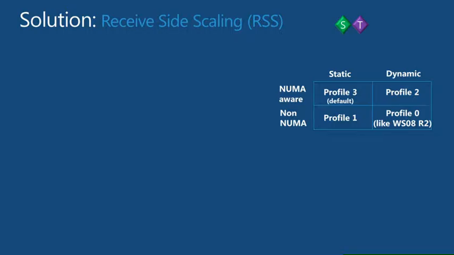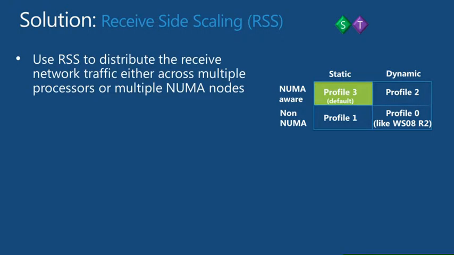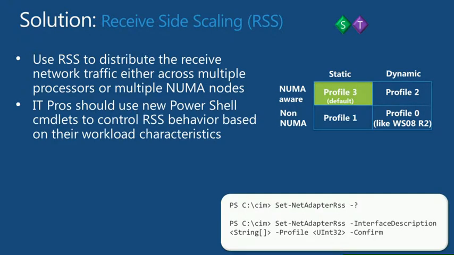Most of you know that receive-side scaling has been there for a while. But what has changed is that in Windows Server 2008 R2, it was profile 0 by default, and in Windows Server 2012, it's profile 3 by default. These are numbers, but I'll tell you why these numbers matter in the next screen. So you could turn on, turn off, change the profile.